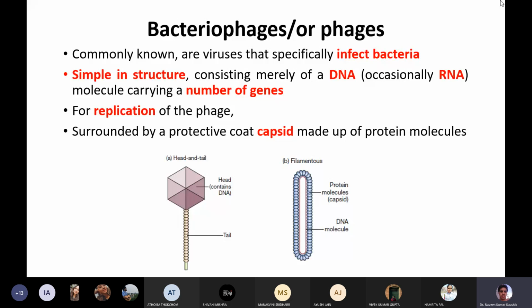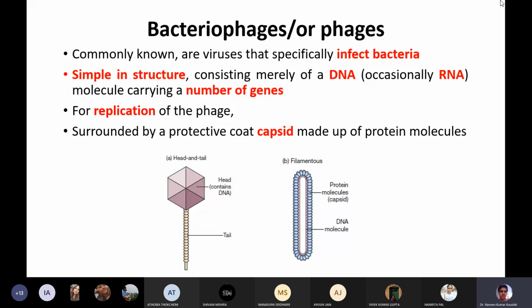Okay, so gene organization. The main thing when you are talking about cloning is what different types of genes are there, because these genes are the ones whose properties you are going to utilize for the cloning. With the lambda phage, the DNA replicates, and when the number reaches a certain level, packaging occurs.